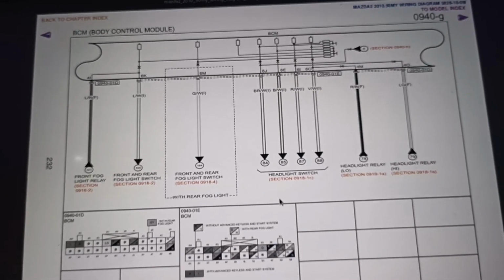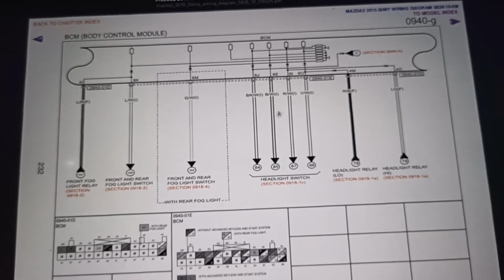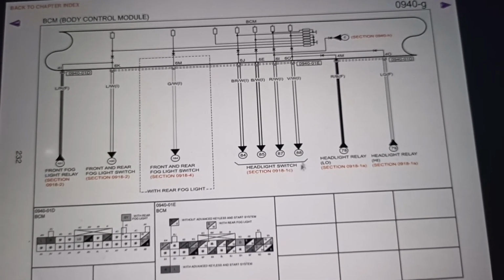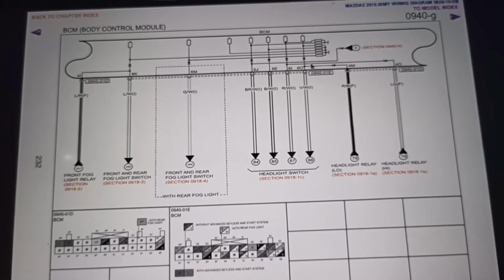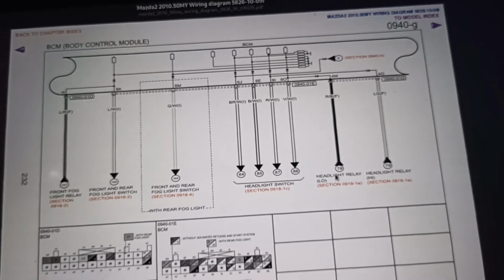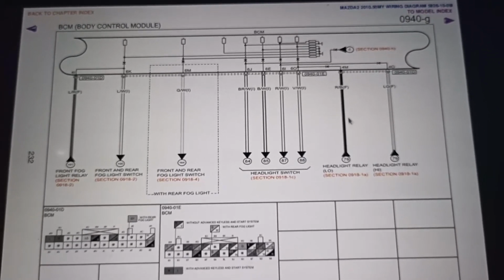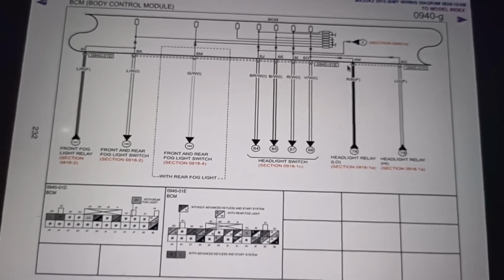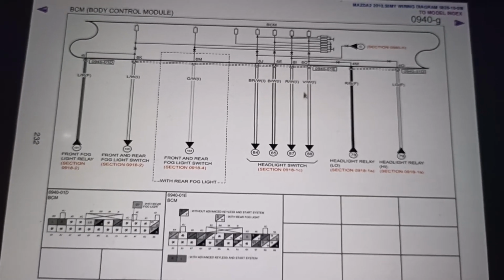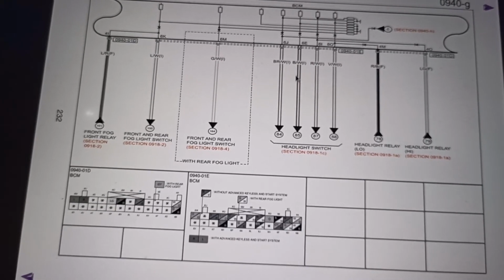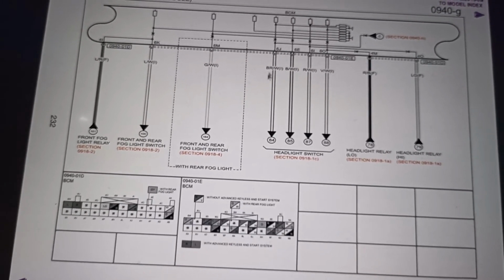Then we go to the next step, this is inputs from the switch, the headlight switch. You can see the violet with white is actually directly connected to the headlight relay. So this is exactly what we need to control the relay directly, and we go through this wire. Same goes with the TNS, brown with violet.